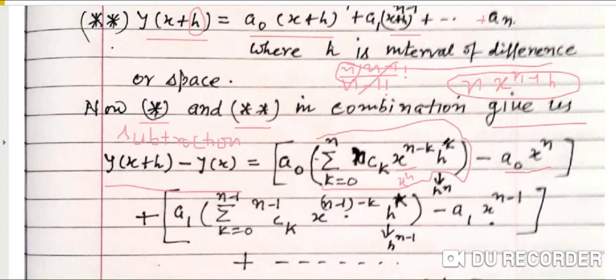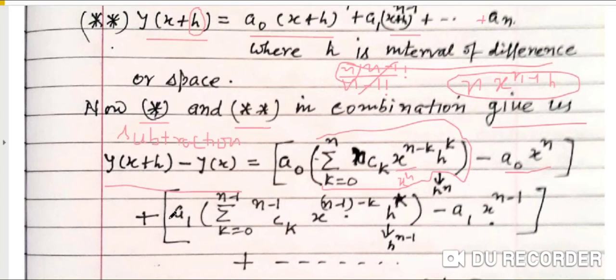The second term of this one will remain multiplied by a naught, and as a subtracted quantity, there is nothing here. So this term of power x to the power n minus 1, this n minus 1 will come from here, and let us talk about this.